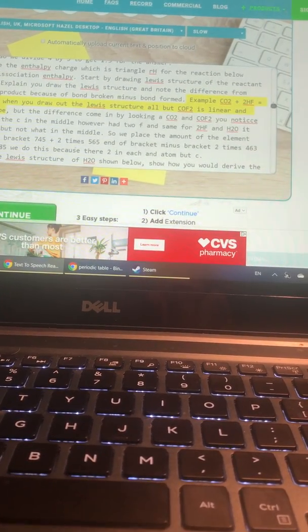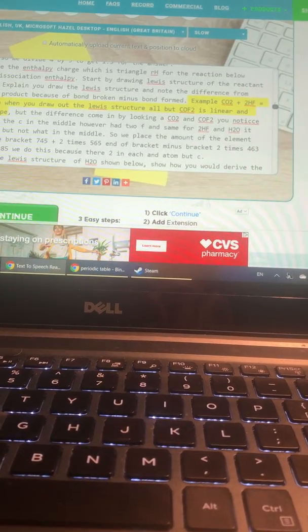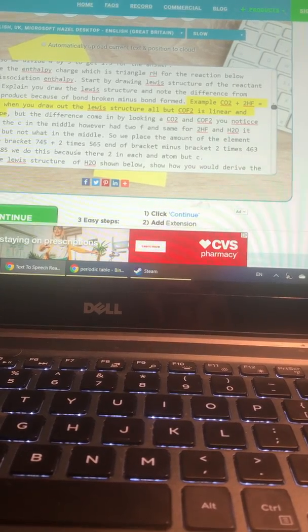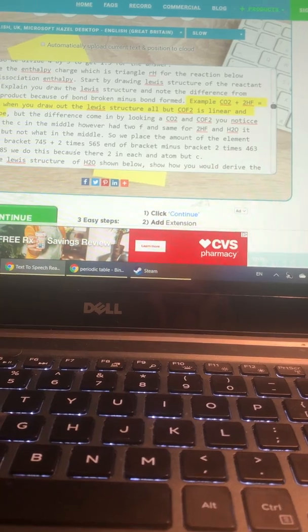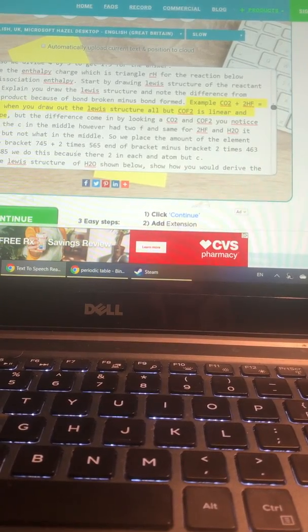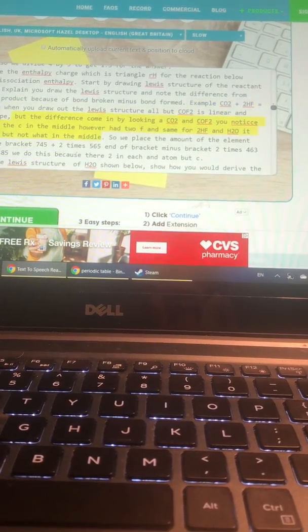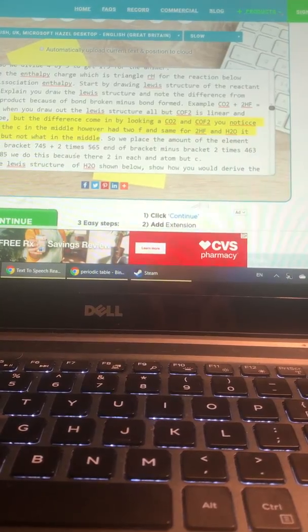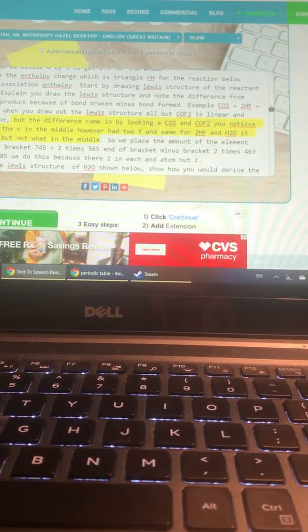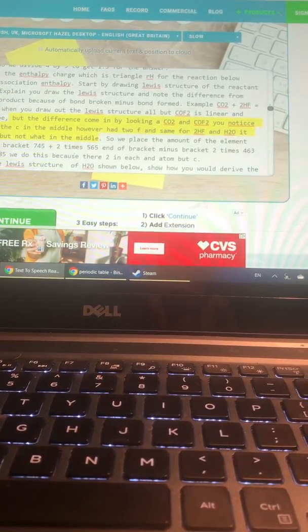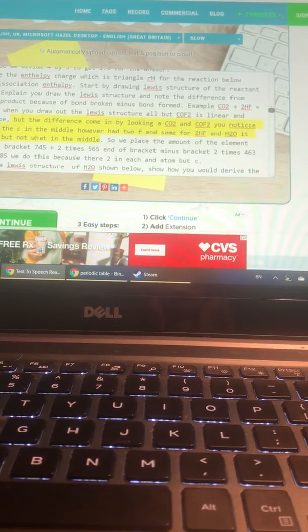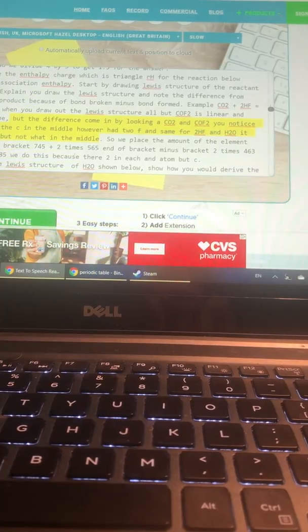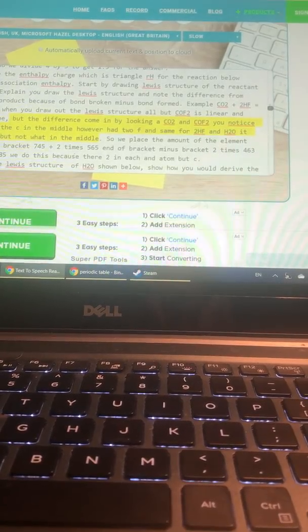Example: CO2 plus 2HF equals H2O plus COF2. When you draw out the Lewis structures, all but COF2 is linear and COF2 is T-shaped. But the difference comes from looking at CO2 and COF2: you notice that it keeps the C in the middle, however it has 2 F. Same for 2HF and H2O, it keeps the 2 H but not what is in the middle.